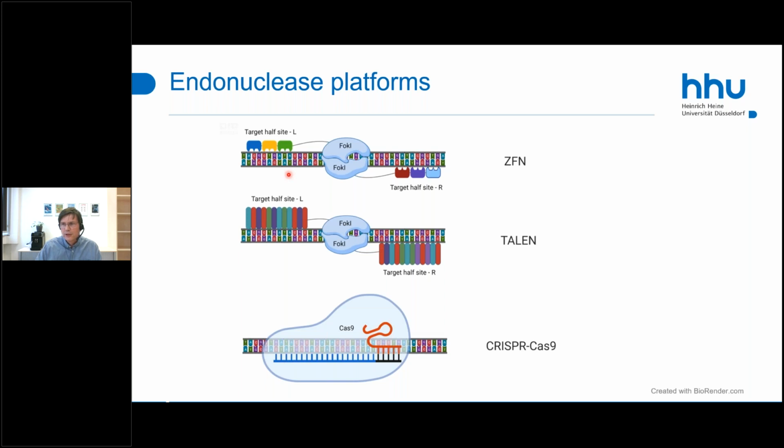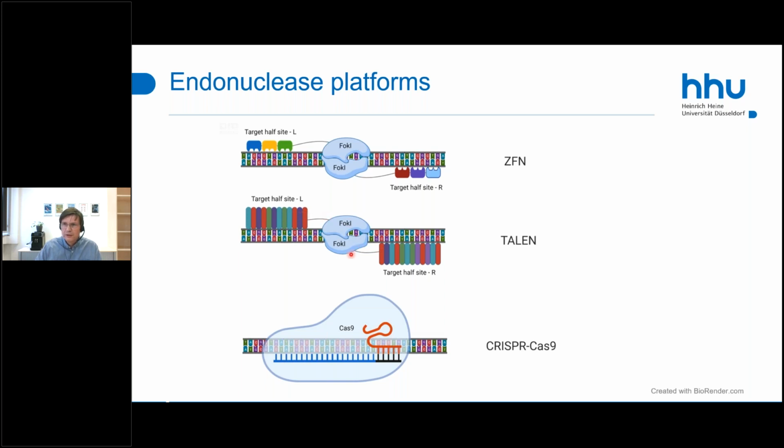Usually they consist of two parts: one part responsible for binding to the DNA, and then you need a scissor. For these two platforms, it's mainly FokI, and as this works only as a dimer, you also need two halves of your platform. Both are protein-based, so the binding to the DNA is based on protein or peptides, and you have your scissor.